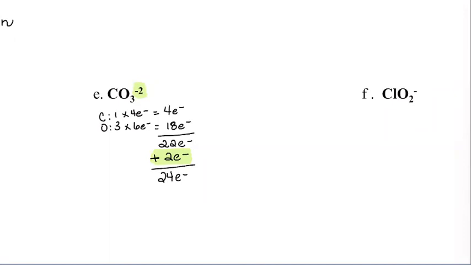Excellent. So when we have polyatomic ions and they have a charge that is negative, we're going to add the value of that negative charge as electrons in our valence electron count. So in carbonate, because there is a -2, we're going to add 2 electrons, okay? Excellent.